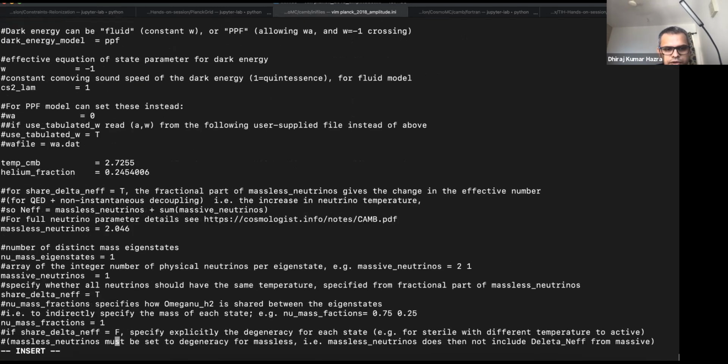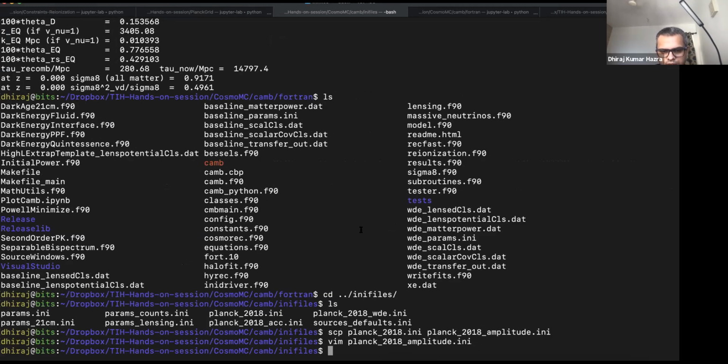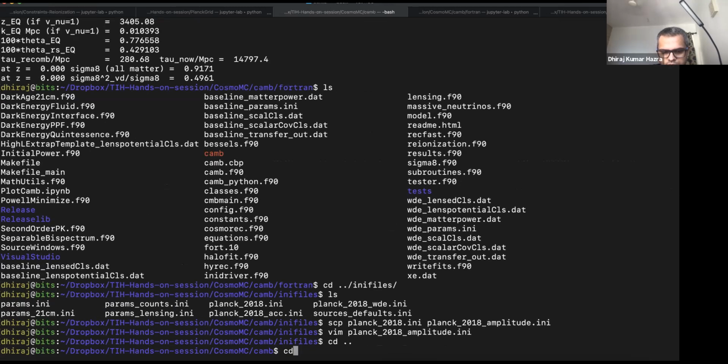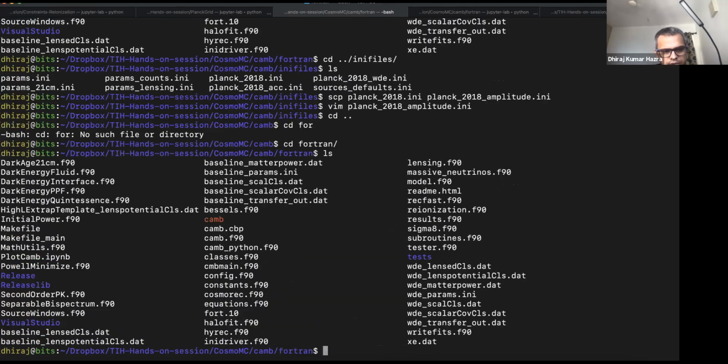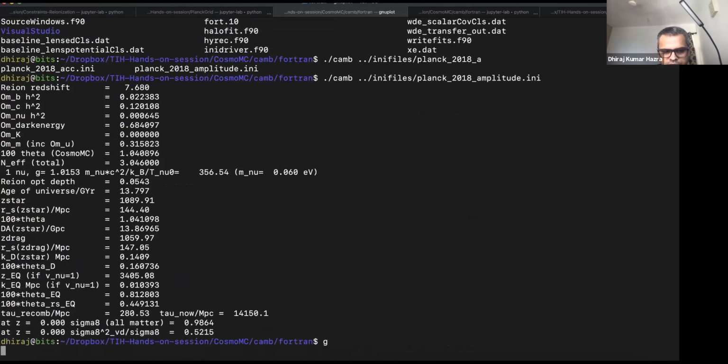This is what you were asking, Anubhav, right? I'm making it 3. Okay, good. cd .. cd Fortran. Okay, let me run camb amplitude.ini. Okay, let me see what I get.